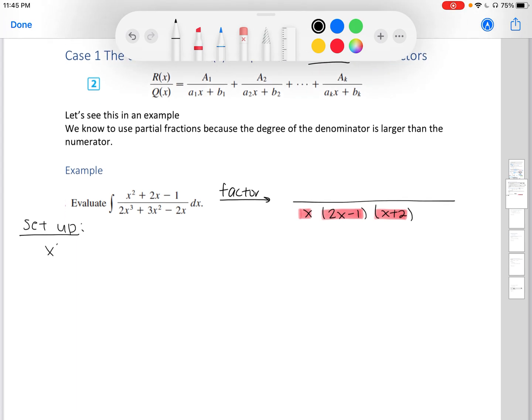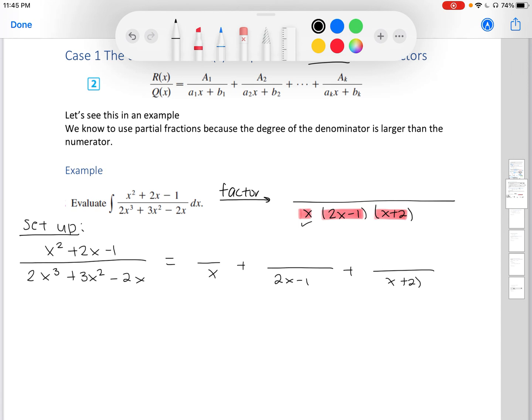So we have x squared plus 2x minus 1 divided by 2x cubed plus 3x squared minus 2x is equal to, first we have the x, plus, then we have the 2x minus 1, and then we have the x plus 2.